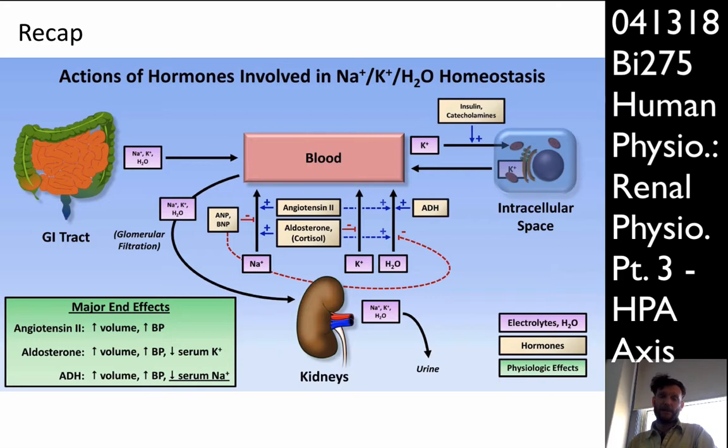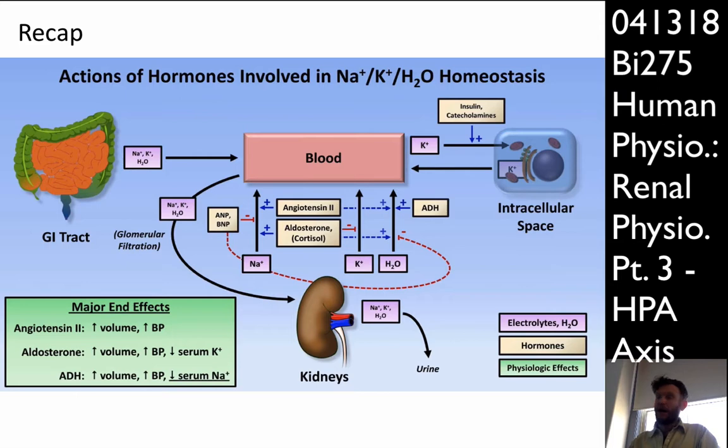That's ANH that I just talked about, the atrial natriuretic hormone. BNP is the brain natriuretic peptide or hormone. And it has the same functions as ANP, except the sensors are in the brain rather than the atrium.